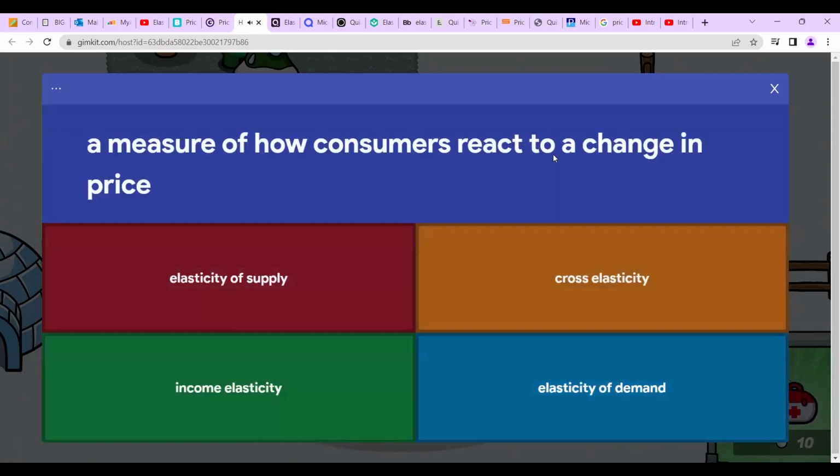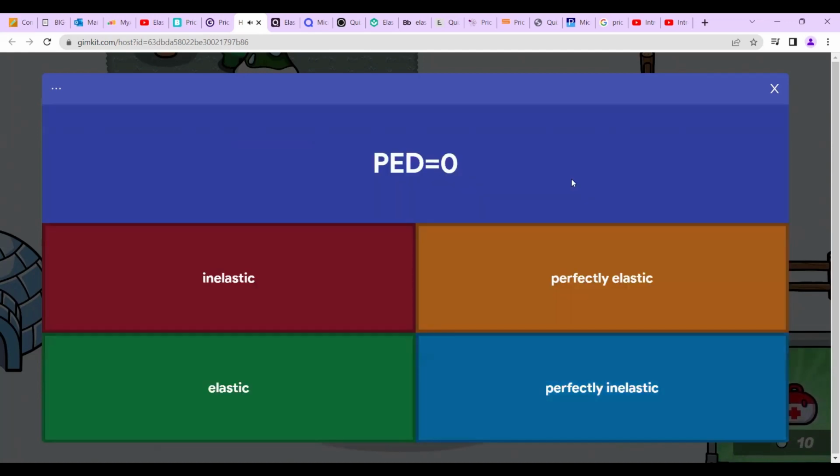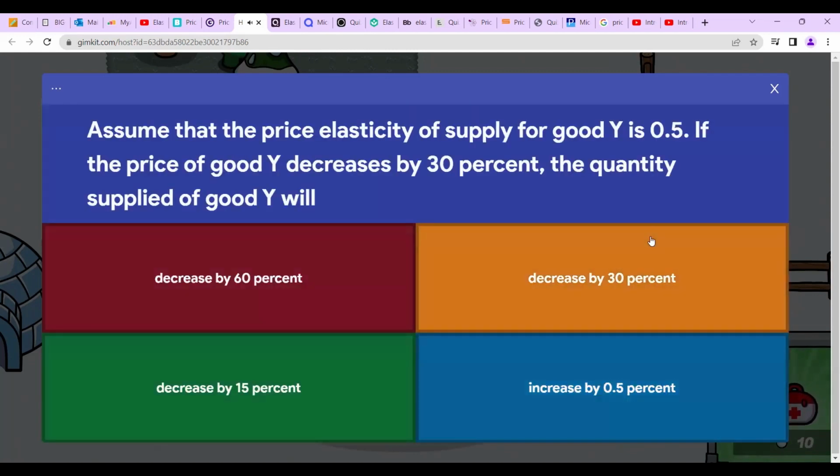Measure of how consumers react to changing price elasticity of demand of 0 is perfectly inelastic. Assume that the price elasticity of supply for good Y is 0.5. Assume the price of good Y decreases by 3%.